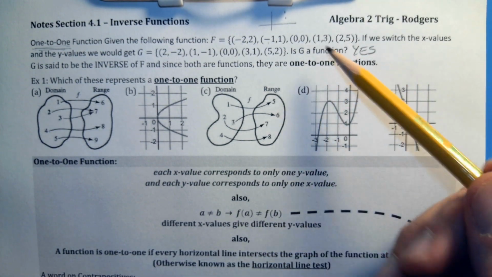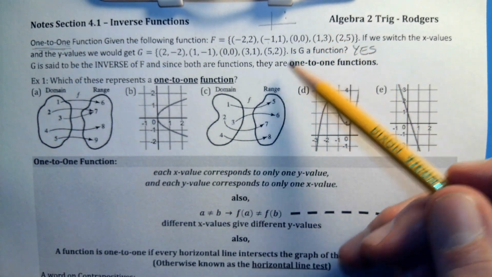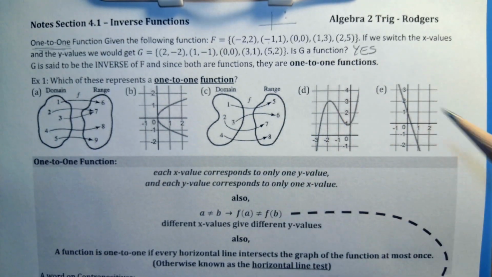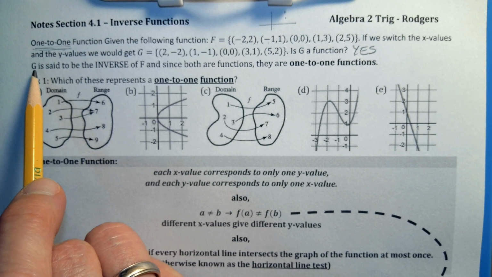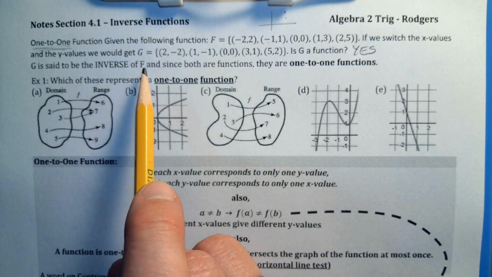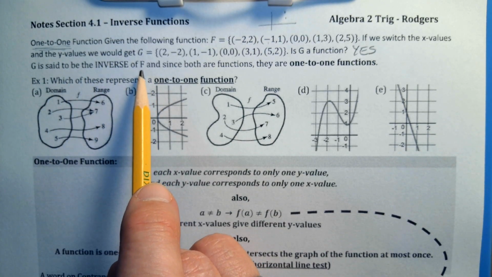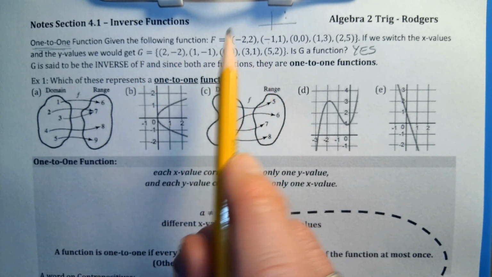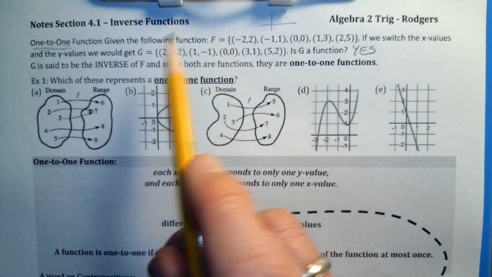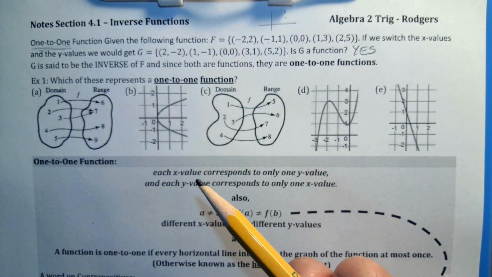All right. And so that process of flipping the x's with the y's and the y's with the x's is called finding the inverse. So function g is the inverse of f, and indeed f is the inverse of g. If we had started with g and flipped the x's and y's, we would have gotten f. So they are indeed inverses of each other.